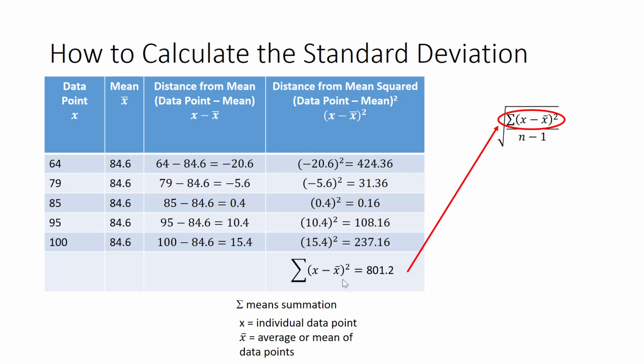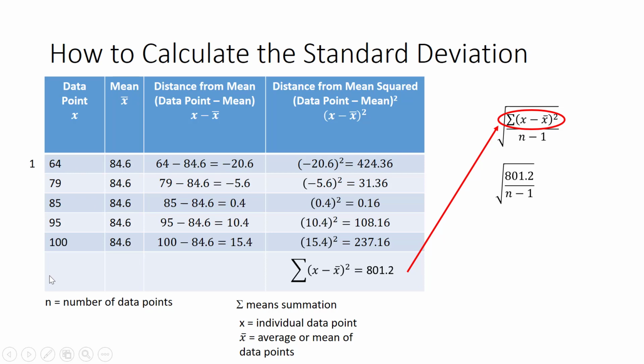So let's take this value, 801.2, and we're finally going to plug it into our equation. At this point, we're done with the table. There are no more calculations with the table. The rest of our work has to be done in our equation. So now we have the square root of 801.2 divided by the quantity n minus 1. What is n? Remember, n is the number of data points. How many data points are we working with?